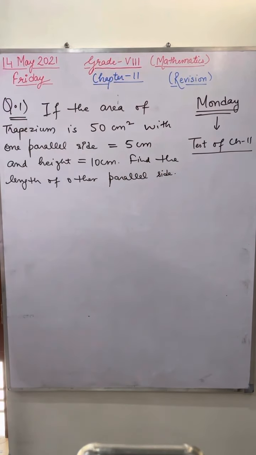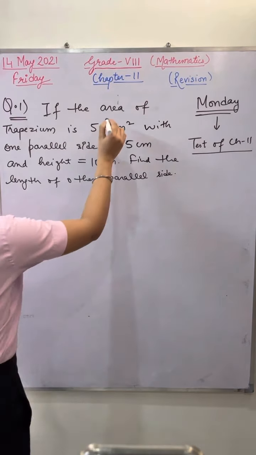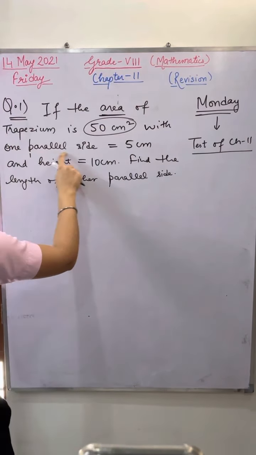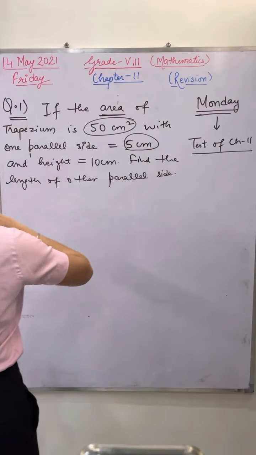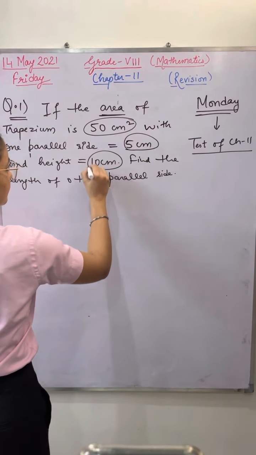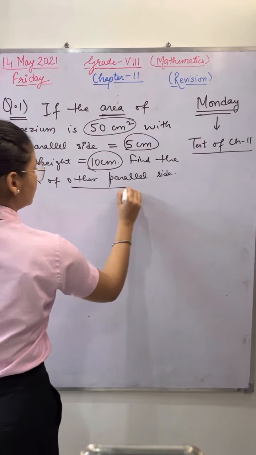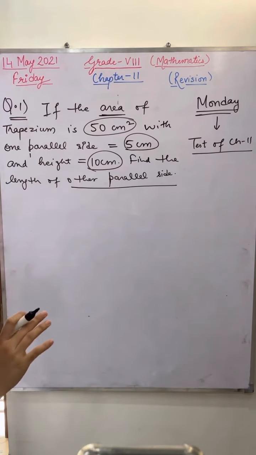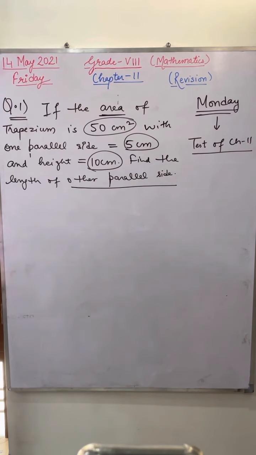Please find out this question. Very, very easy. Area of trapezium is given, one parallel side is given, height is given. You have to find out the other parallel side. Write down the formula, put the values one by one and take out the answer.